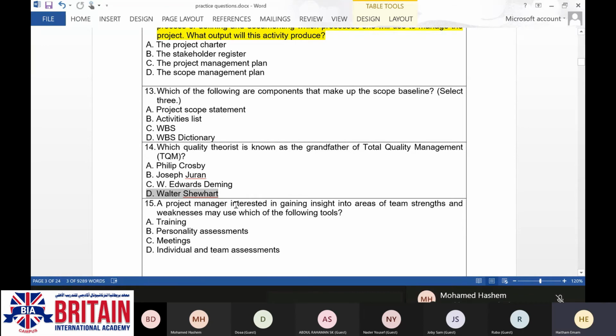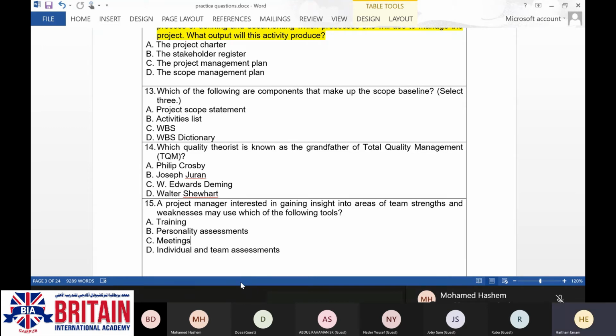Again, a project manager interested in gaining insights into areas of team strength and weakness may use which of the following tools? Training, personality assessment, meeting, individual and team assessment.